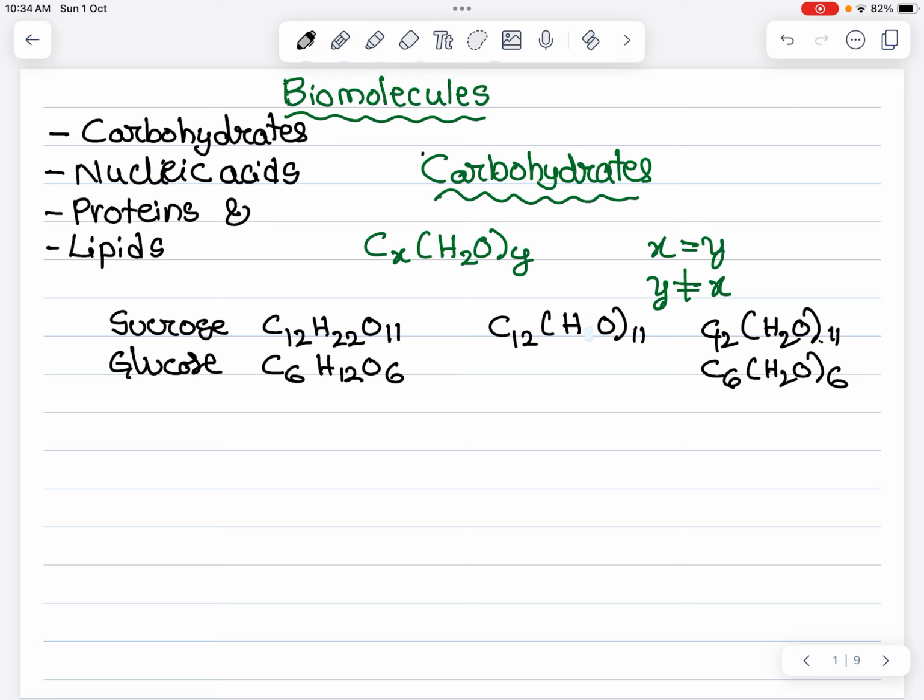But some compounds do not follow this precise stoichiometric definition. For example, acetic acid, CH3COOH, fits in this formula, like C2(H2O)2, but this is not a carbohydrate.